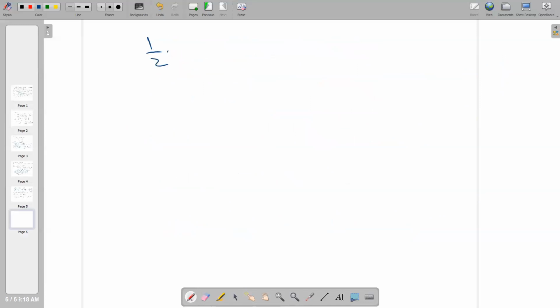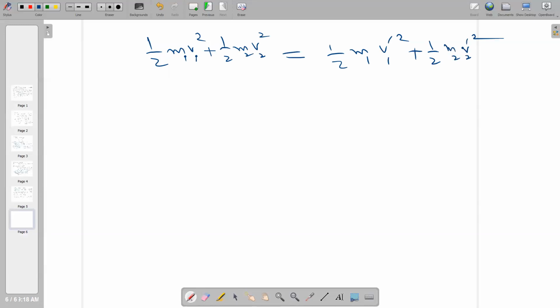Kinetic energy before collision, half m1 v1 square plus half m2 v2 square. This is equal to the kinetic energy after collision, half m1 v1 dash square plus half m2 v2 dash square. So you will cancel the 1 over 2 throughout.